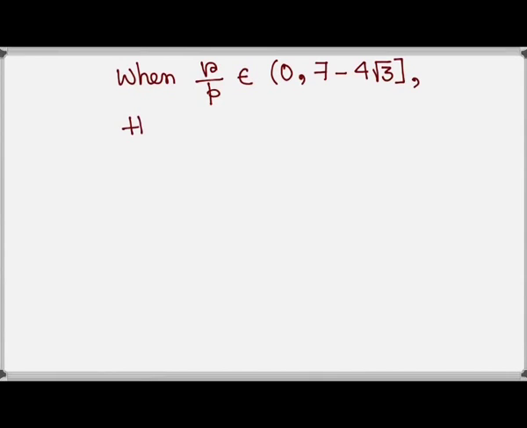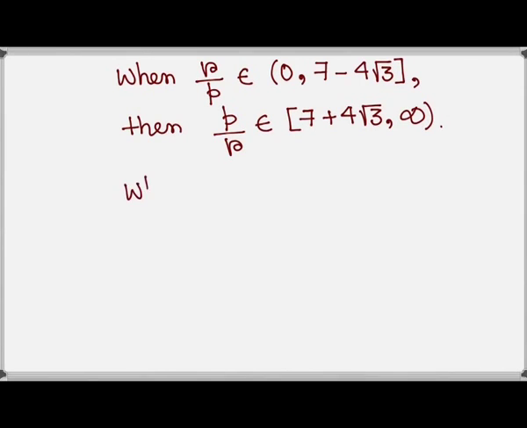Now observe that when the ratio r by p is in the interval open 0 to closed 7 minus 4 square root of 3, then the ratio p by r is in the interval closed 7 plus 4 square root of 3 to infinity.